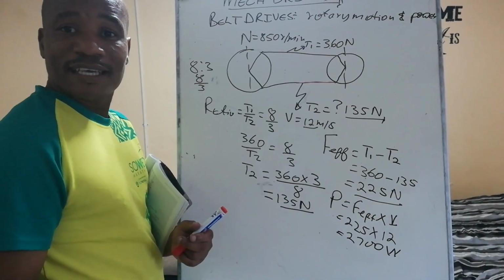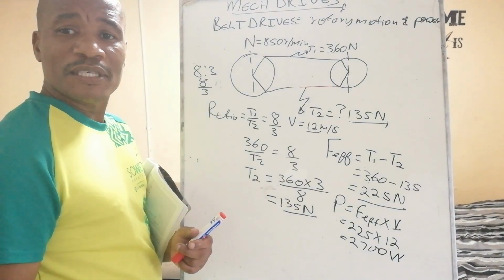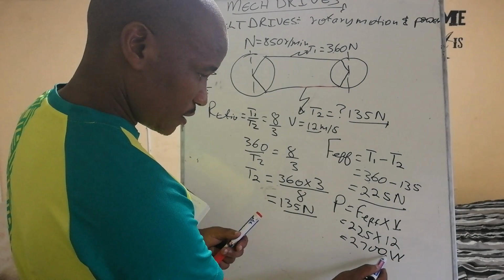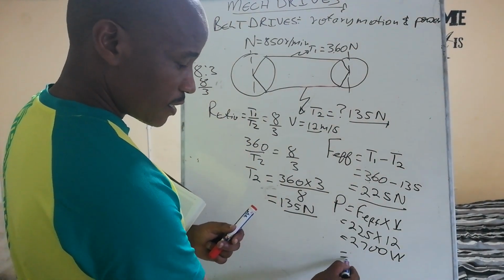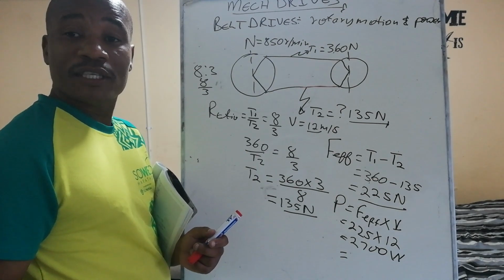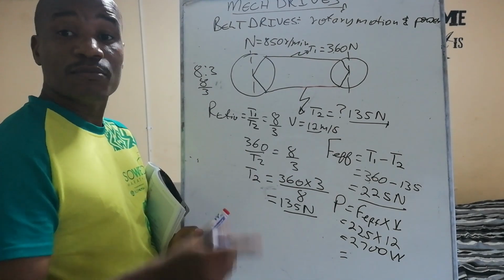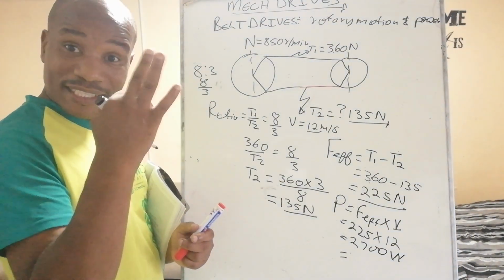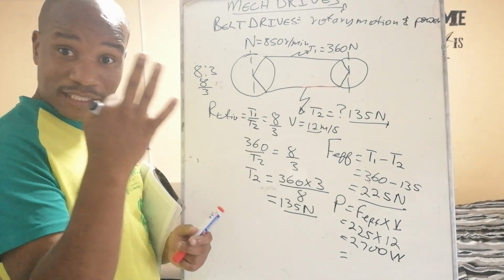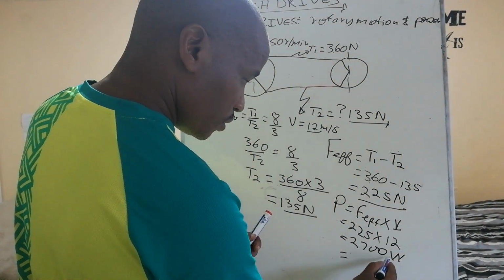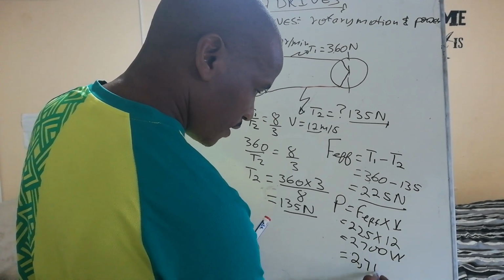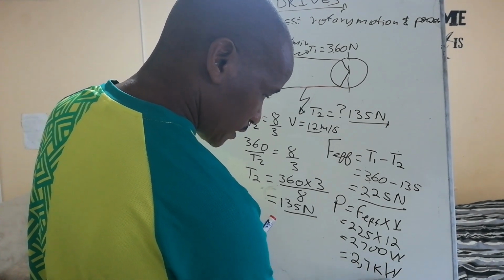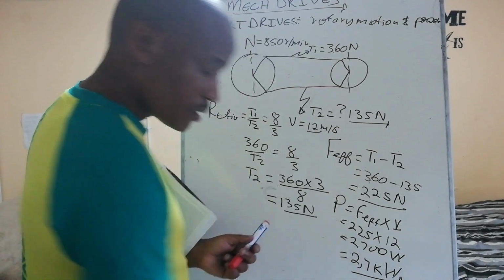But they said the answer must be in kilowatts. Guys, I hope you know that the word kilowatt means 1,000. You move your comma 3 places, so it's 2.7 kilowatts.